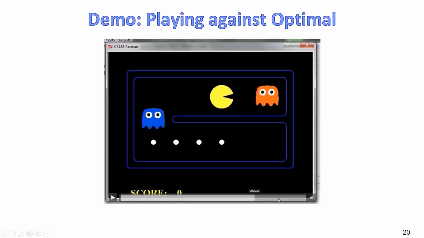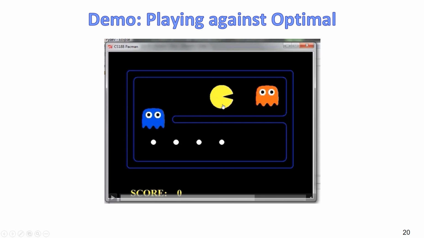Let me show you a demo for these two cases again with Pac-Man. So here is the critical situation for Pac-Man. Pac-Man is between two ghosts here and far from the food items. Again, the same rules here.